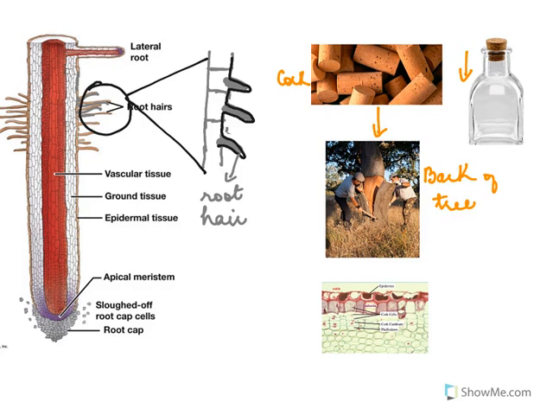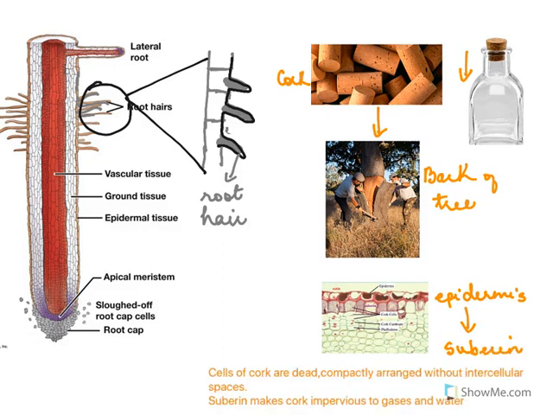The epidermal cells of these trees get coated or loaded with a material called suberin, and hence the cork cells are formed. Now the cork cells are dead and compactly arranged without intercellular spaces. Suberin makes cork impervious to gases and water. It is protective in nature.